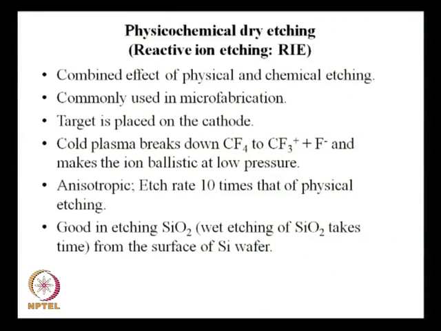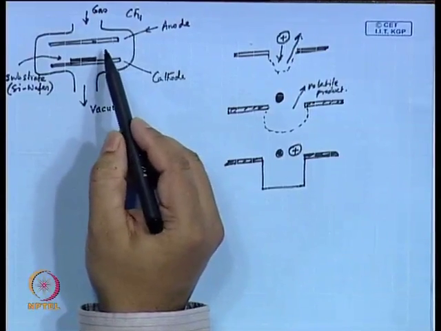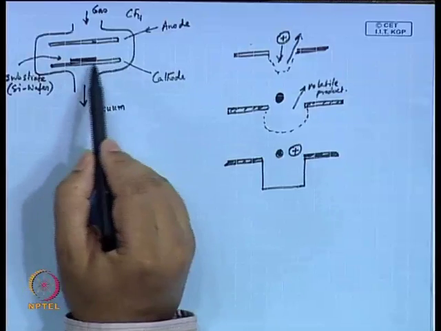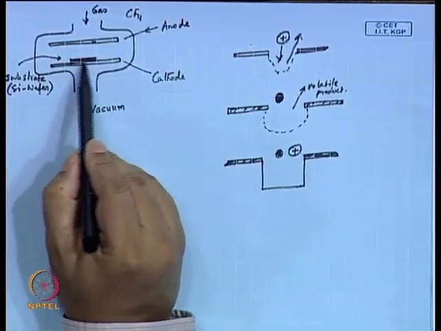So, this reactive ion etching is commonly used in microfabrication. It is a more common method, this reactive ion etching, than other techniques. It is a combined effect of physical and chemical etching. Here the target is placed on the cathode. We have already discussed how the physical etching was taking place. You remember that you have an anode, you have a cathode, and you have the silicon wafer sitting on the cathode.